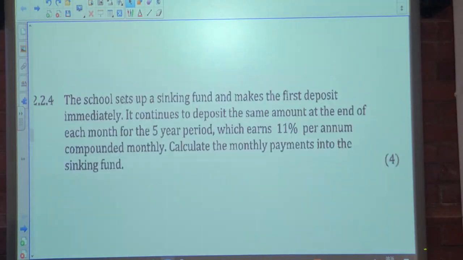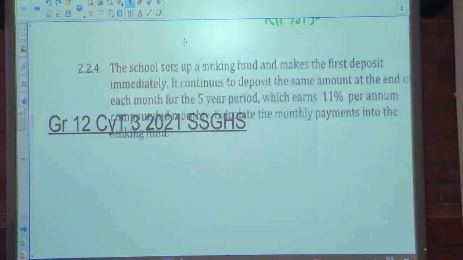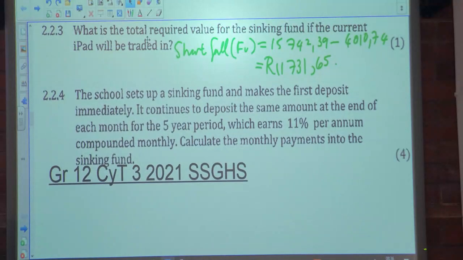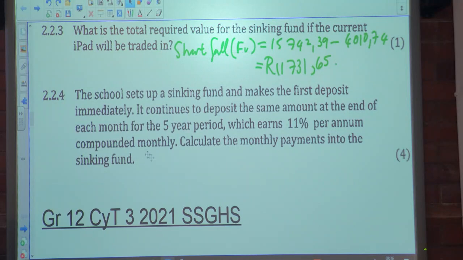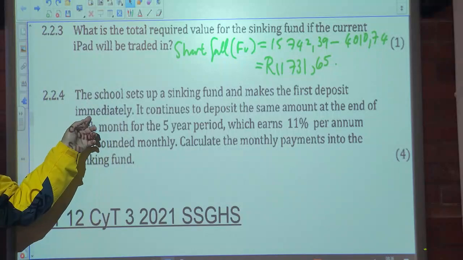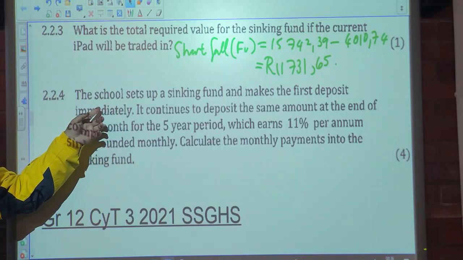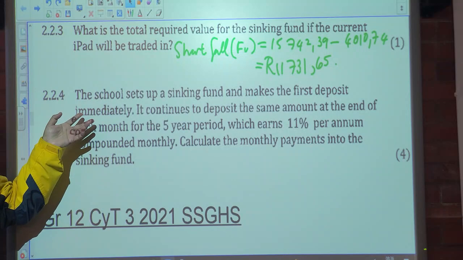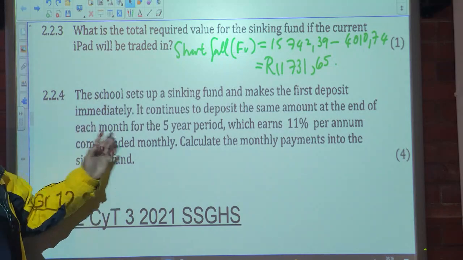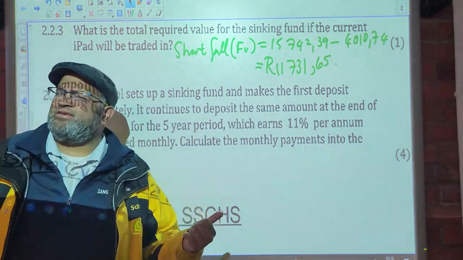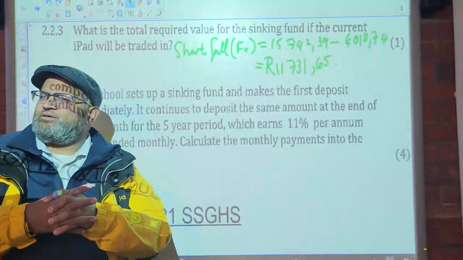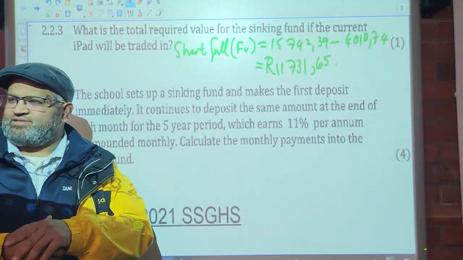Then we are told that the school sets up a sinking fund and makes the first deposit immediately. So what does that mean if it says immediately? Plus 1 on the n. Remember when they say start in 1 month's time, start at the end of the month, then that is what the formula makes an adjustment for.